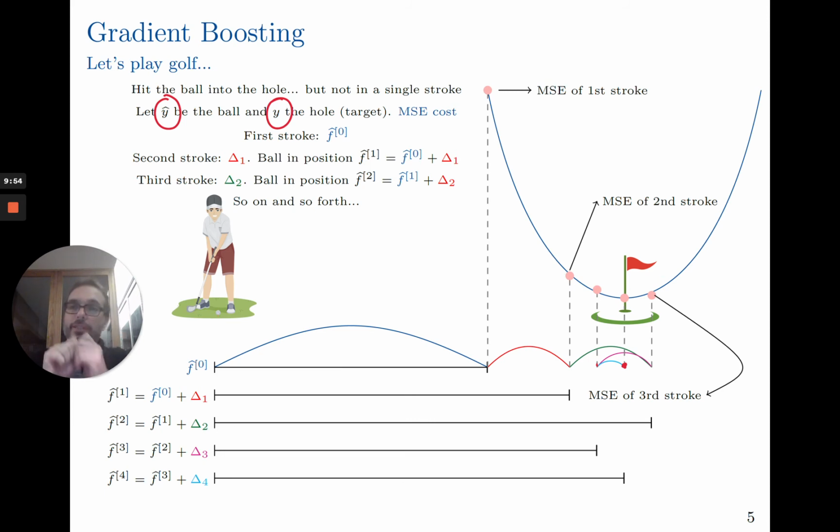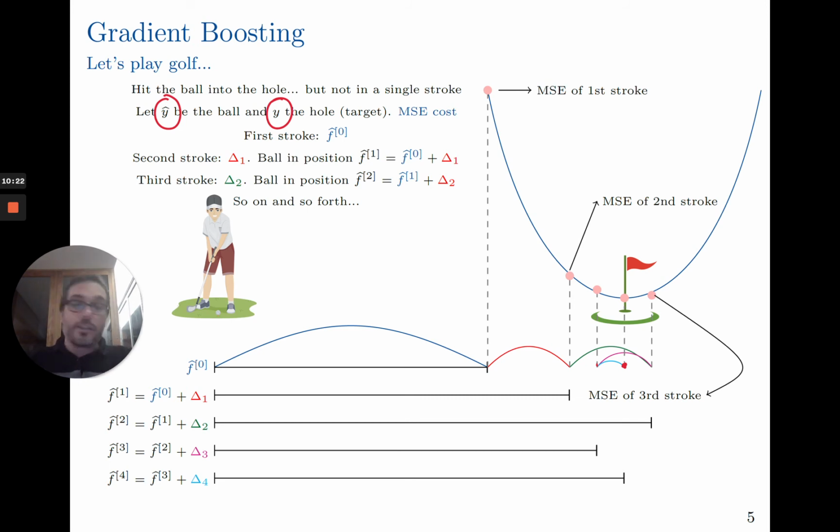So the first error, y hat minus y in the first iteration, that will be the first stroke, can be very far away, but closer than we were before. So we are not moving further away, but we are moving closer to our target. We are trying to get closer to it, okay?